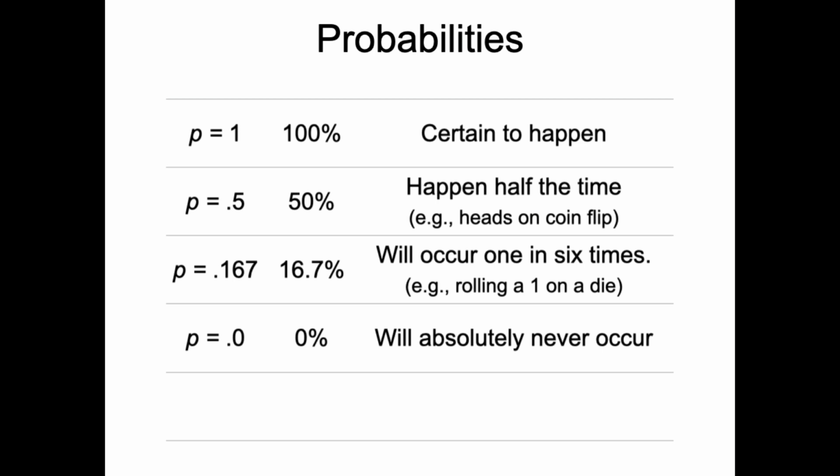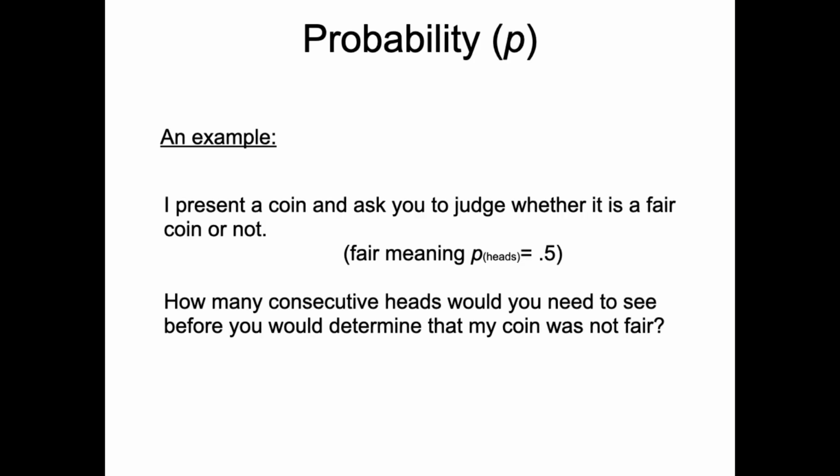Now, I want you to think kind of philosophically a little bit about probabilities. Imagine that I present you a coin and ask you to judge whether it's a fair coin or not. Fair means that it should have about an equal chance of getting heads or tails, right? So the probability of heads would be 0.5, and the probability of tails would be 0.5.